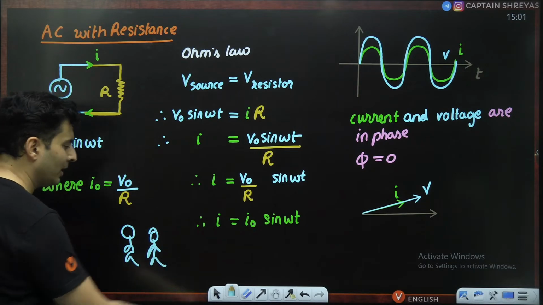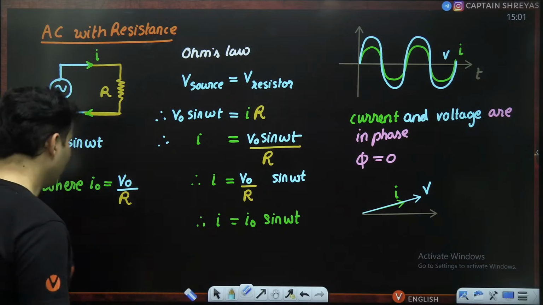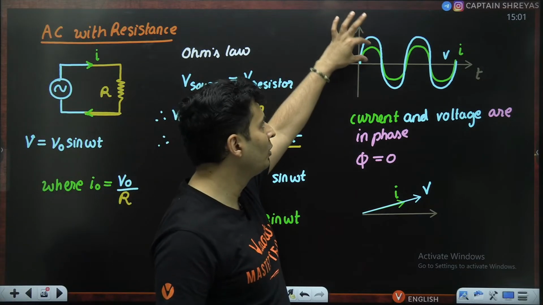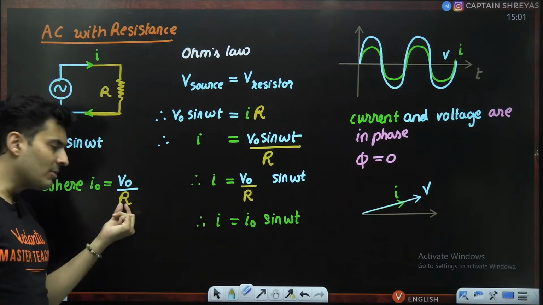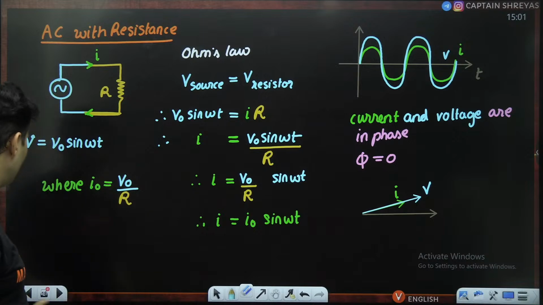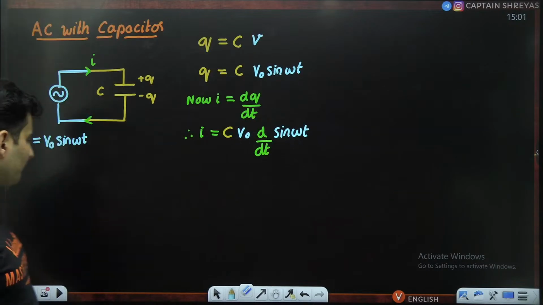All these are possibilities. It's just a representation, so don't take it literally that voltage will always be more than current. It depends, because R can be more or less.